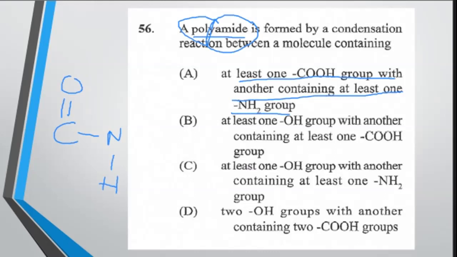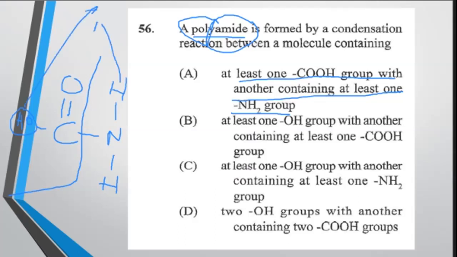Right? Now, the C double bond O comes from C double bond O, OH, right? C double bond O, OH, and the NH here had another hydrogen attached to it. Right? The OH group from here was removed, and the hydrogen from here was removed, leaving us with NH and C double bond O. That's what it left us with, right?